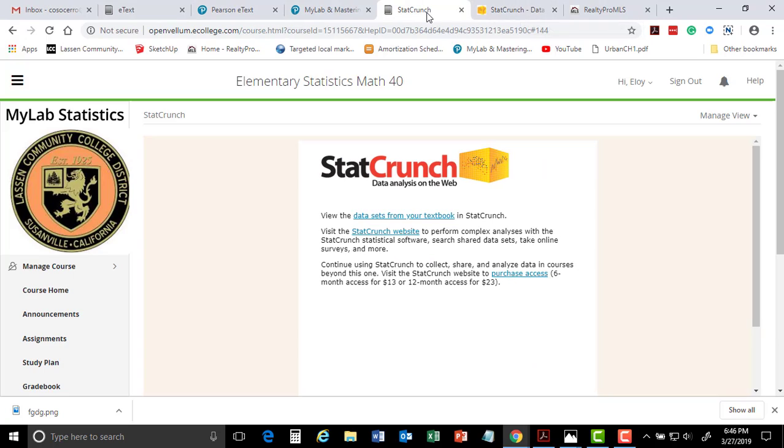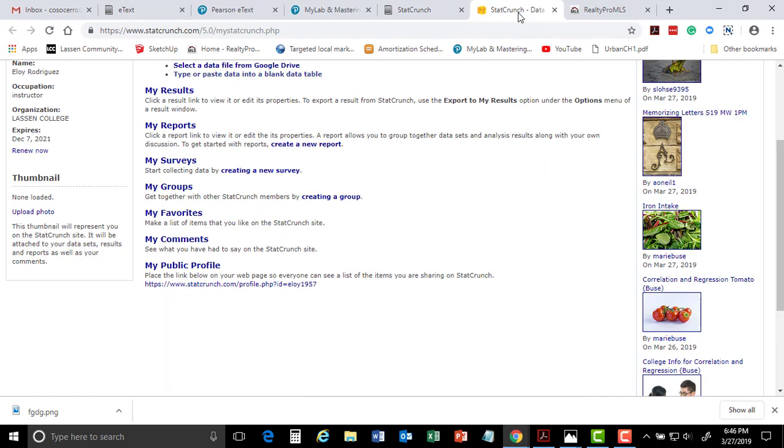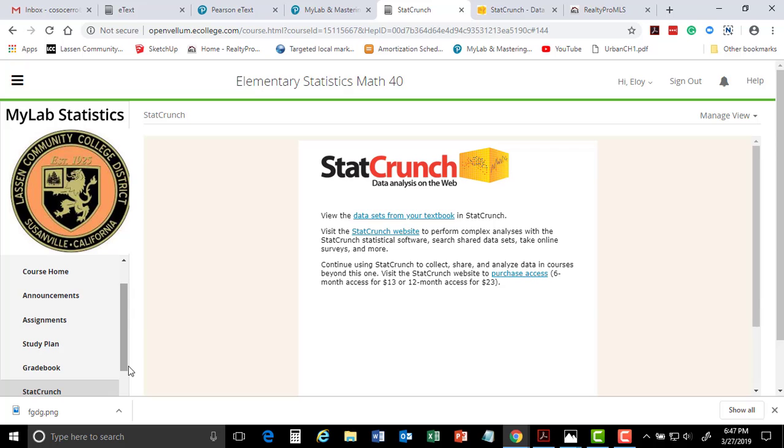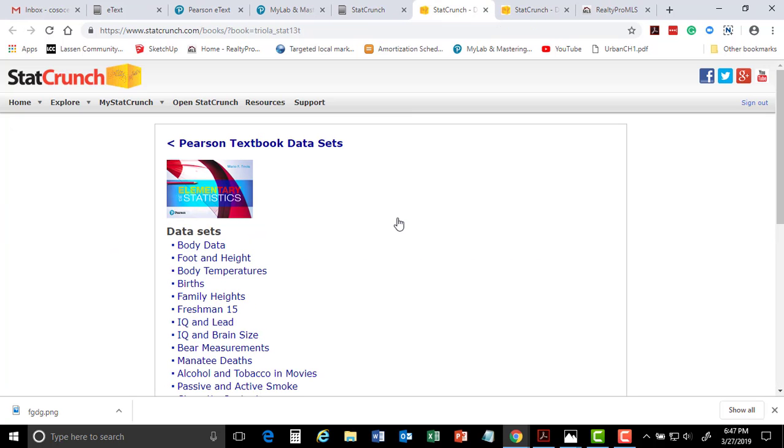Oh, look, finally. That's from your website. Great. Here's all the data from the book. So if you see an example in your e-text and you want to actually run through it, all the ones that we're talking about are here, ready to be loaded into StatCrunch. All right. Well, we'll finish the rest later, I guess.